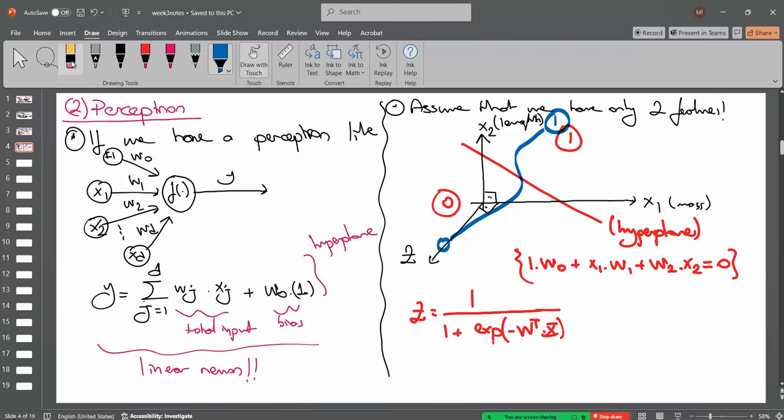Okay, and so this should be converted into the y, and also we have an activation function in here, and so we can generate the z. Okay, this f only collects this term, which is creating the hyperplane. And so this hyperplane is used to separate the whole space into two parts. And so we want to assign one part as a 1, the other part as a 0.